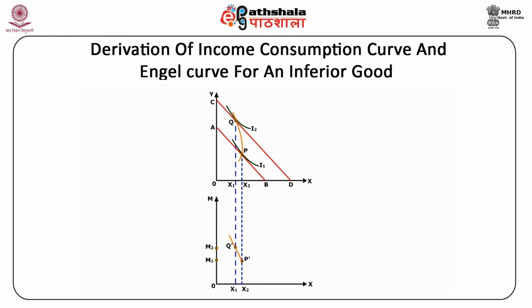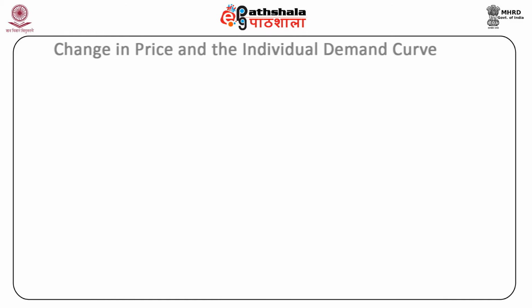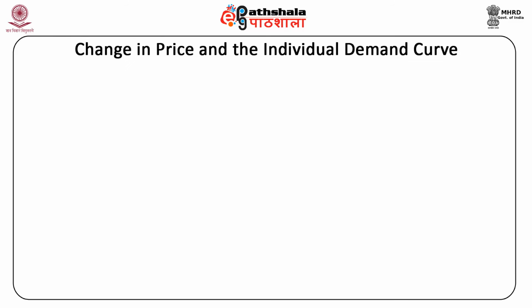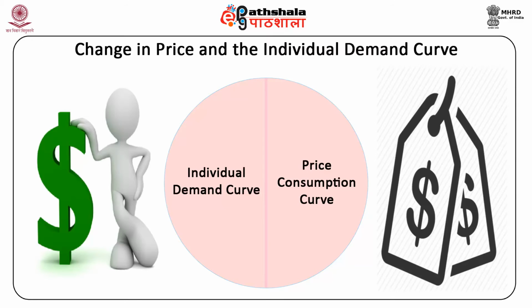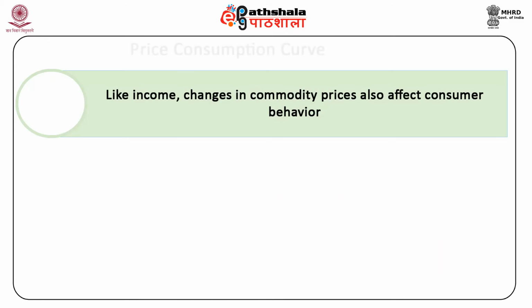Having discussed the effect of change in income on the consumer, let us now understand the effects of change in prices of the good and derive the price consumption curve, followed by the individual demand curve. Like income, changes in commodity prices also affect consumer behavior.